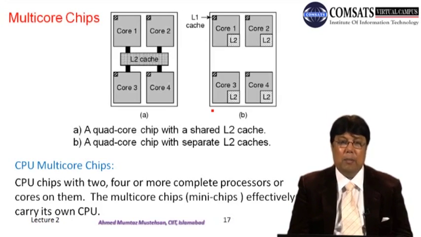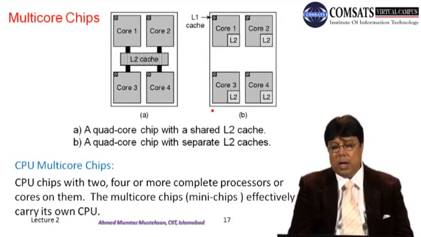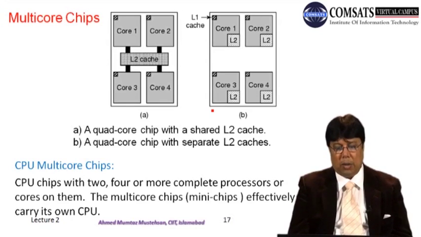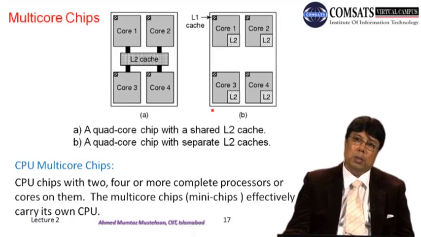So CPU chips with 2, 4 or more multi-processors or multi-cores on them are commonly available. Okay, this multi-core or multi-threading or hyper-threading are different. Okay, and I hope कि अब आपको समझ में आ गया.